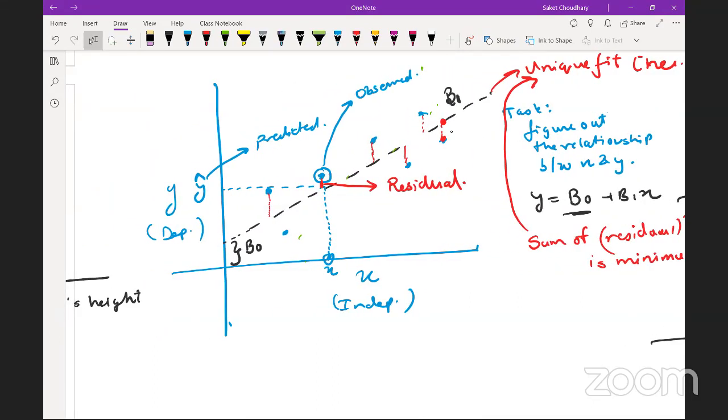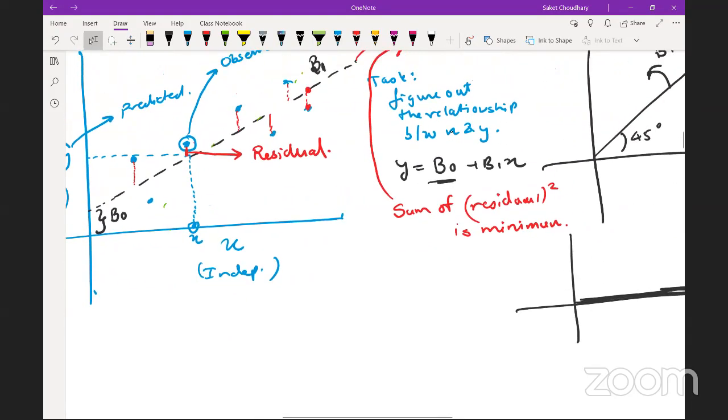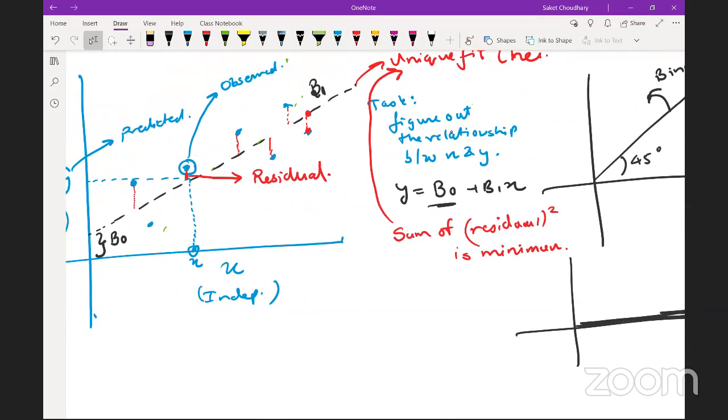Now, one more factor that you need to be aware of is how the residual is given. If y is the observed value, then your residual E is given by y minus beta naught minus beta 1 x.